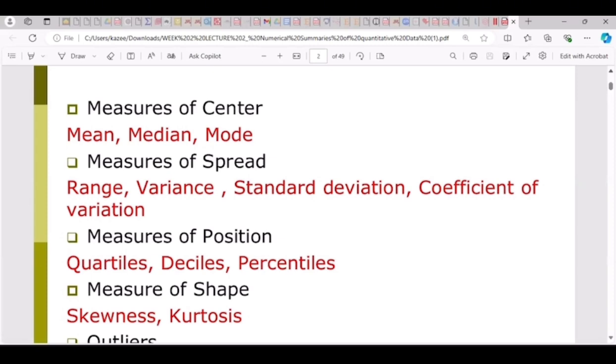These measures, from measures of center all the way to measures of shape, are interconnected measures that help us to have a comprehensive understanding of our data structure. They work hand in hand. Now, I will briefly give you the role of each measure before I actually delve into each of them.